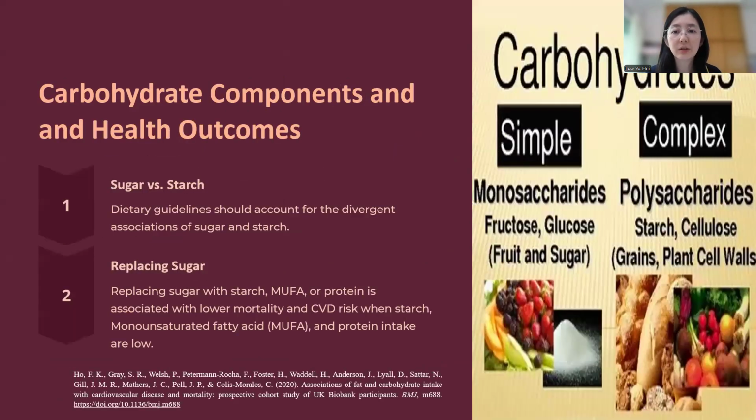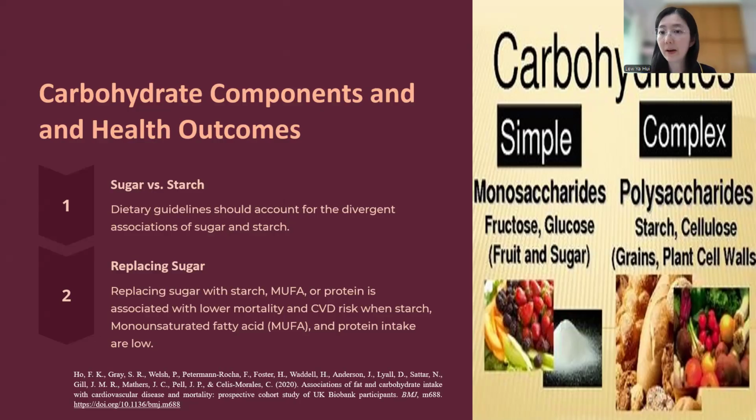And the study also shows that total carbohydrate intake, including sugar, had a direct linear relationship with cardiovascular disease risk. But we can replace the sugar with starch, MUFA, MUFA means monounsaturated fatty acid, or protein, which is linked to lower risk of death and heart diseases, especially when the initial intake of starch, MUFA, and protein was low.